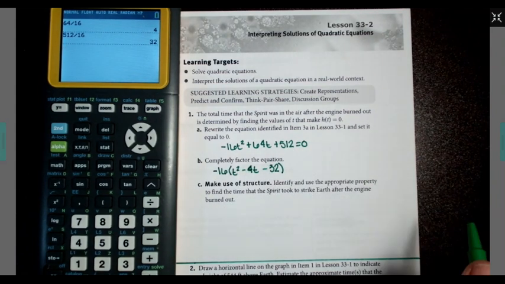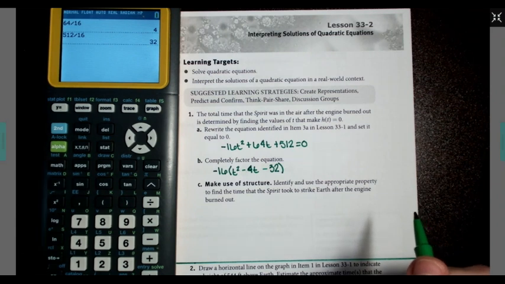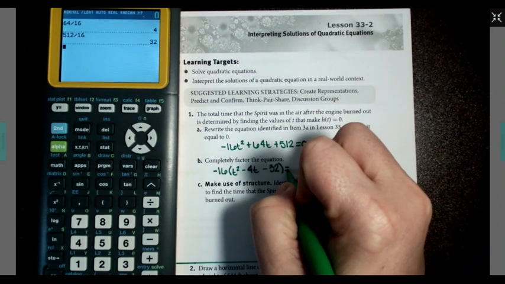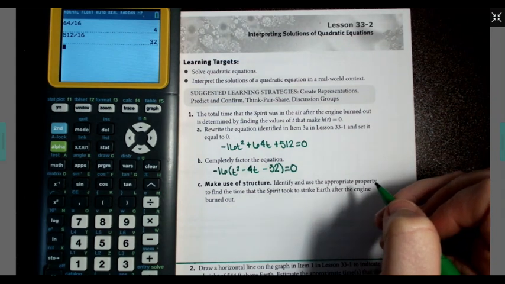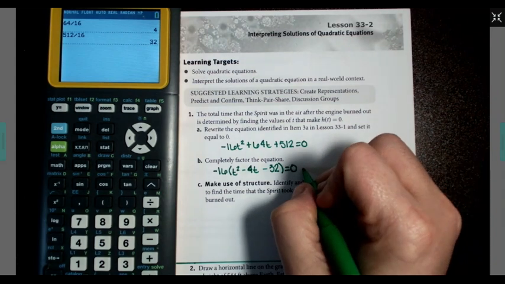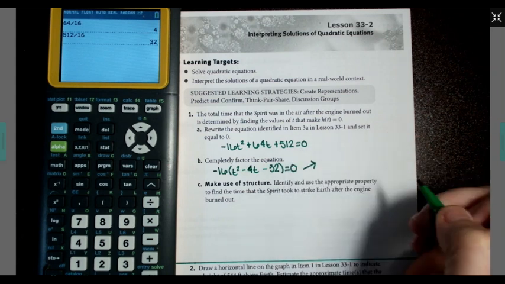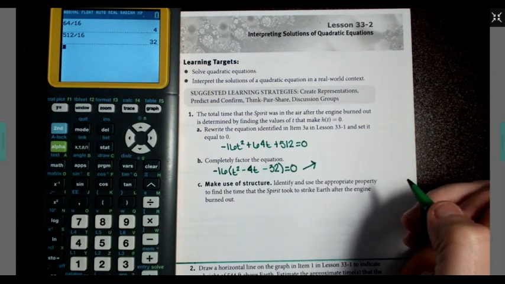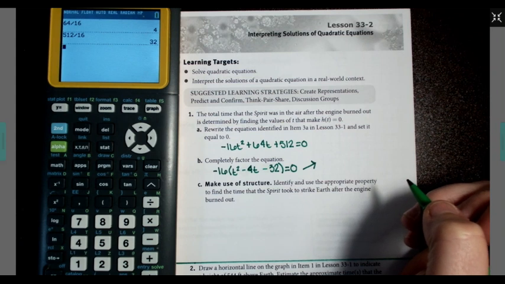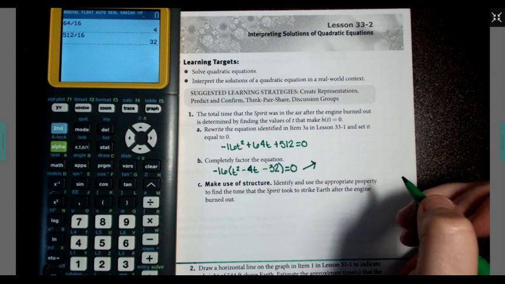All right, so what I'm looking for are two numbers that when multiplied will give me negative 32, but when added will give me negative 4. Well, factors of 32 are 1 and 32, 2 and 16, 4 and 8, and that's it.